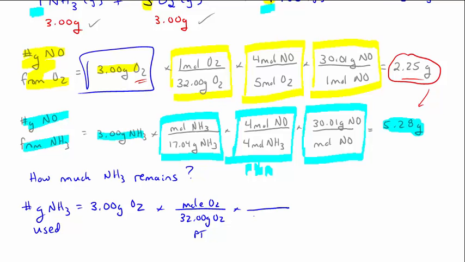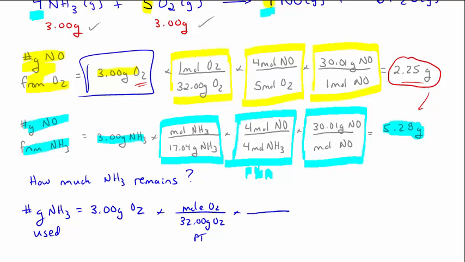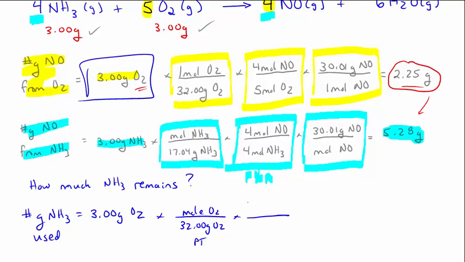Then I know that for every 5 moles of O2 that I use, I will also need to use 4 moles of NH3, the ammonia. Then 1 mole of NH3 is the same thing as 17.04 grams of NH3.